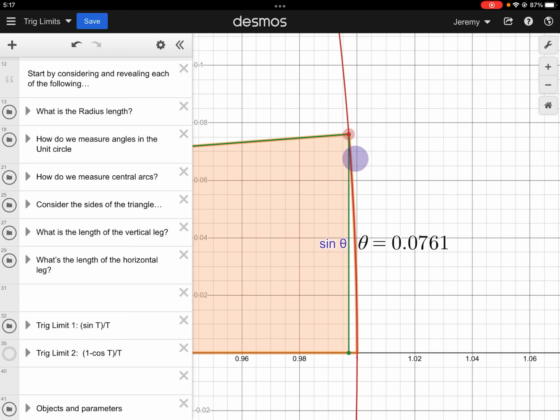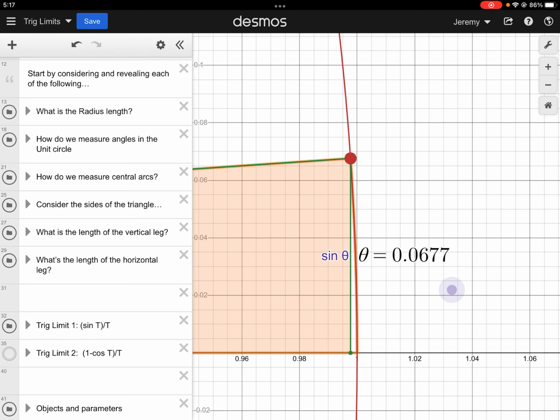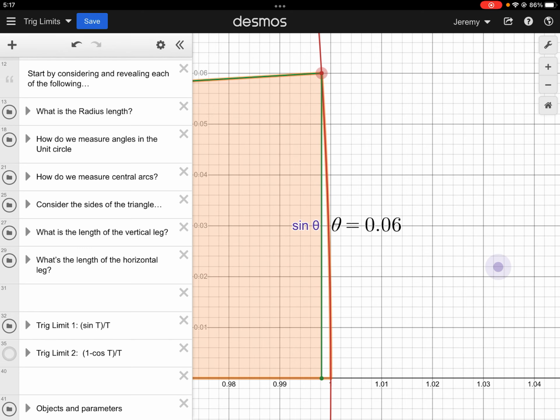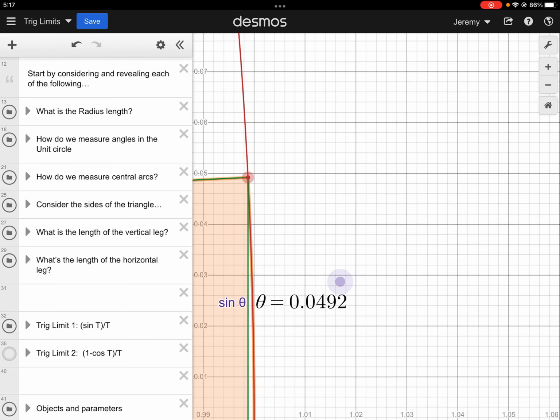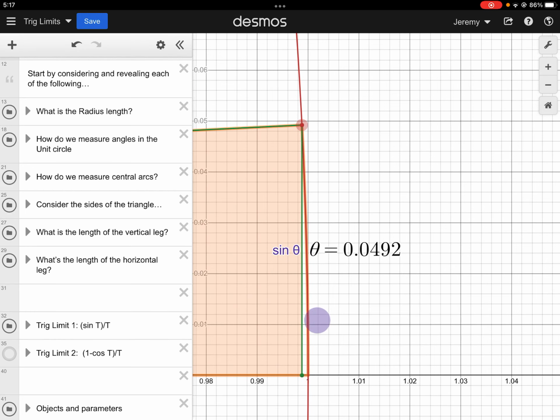But this circle isn't looking very round. In fact, the more we zoom in here, the straighter this circle looks. And this is a good example that when we zoom in on any curve, at some point that curve looks like a line.